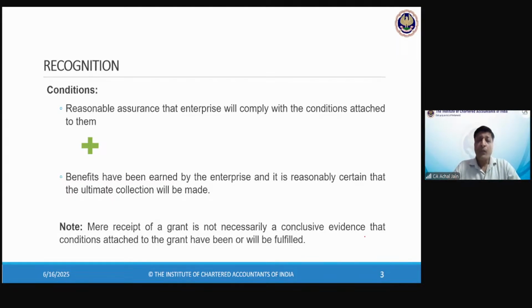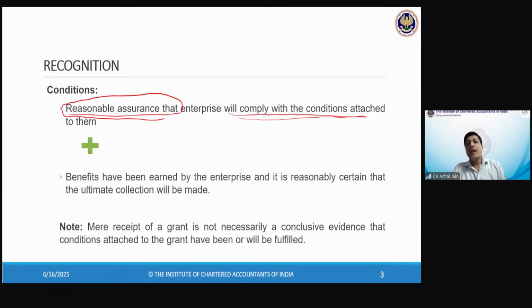Therefore, when it comes to the recognition criteria, we need to look at two criteria. First, entity should be reasonably assured that it will comply with the conditions attached, and entity is also reasonably assured that the grant will be received.